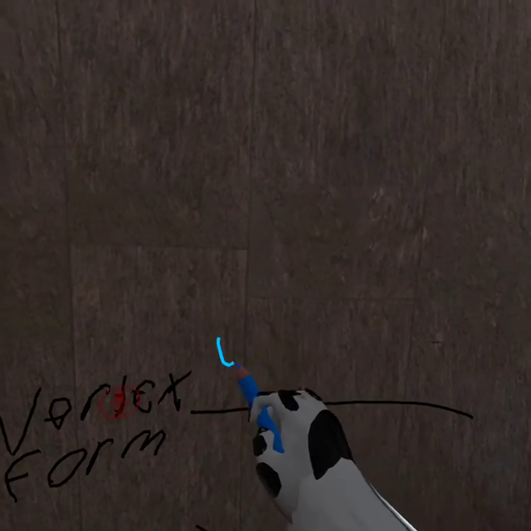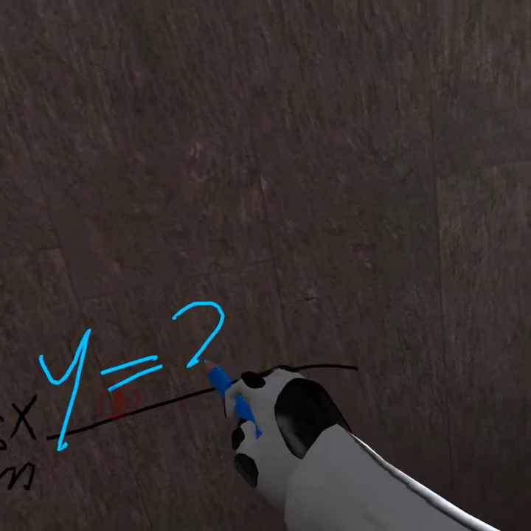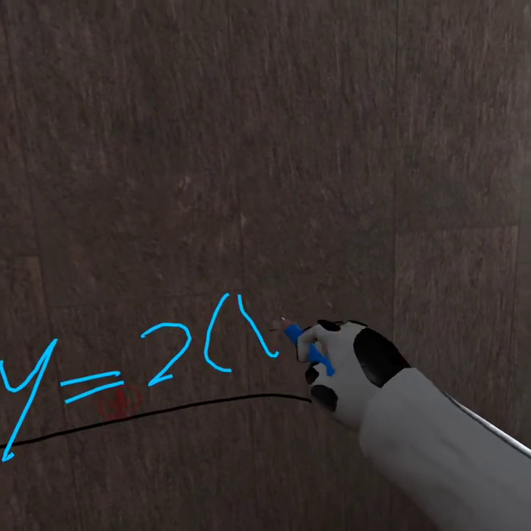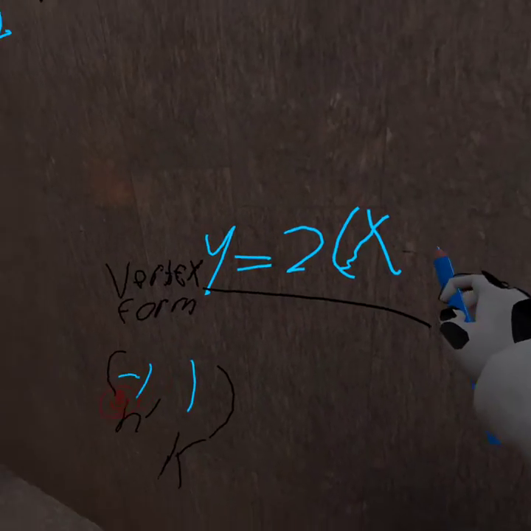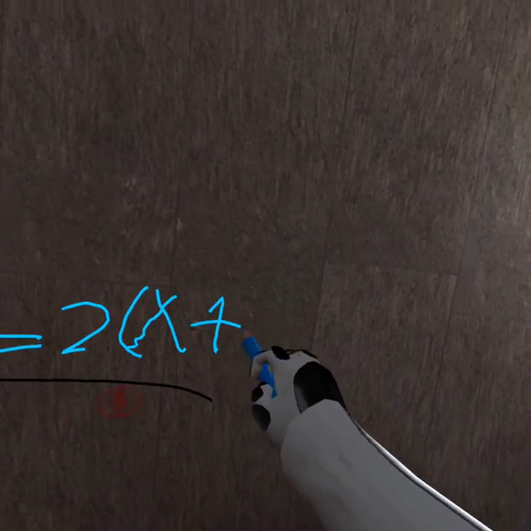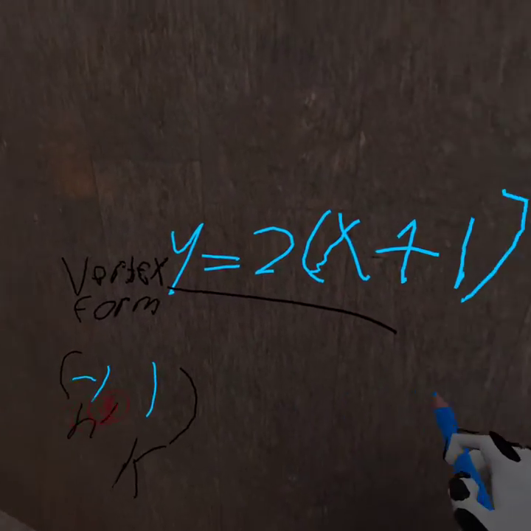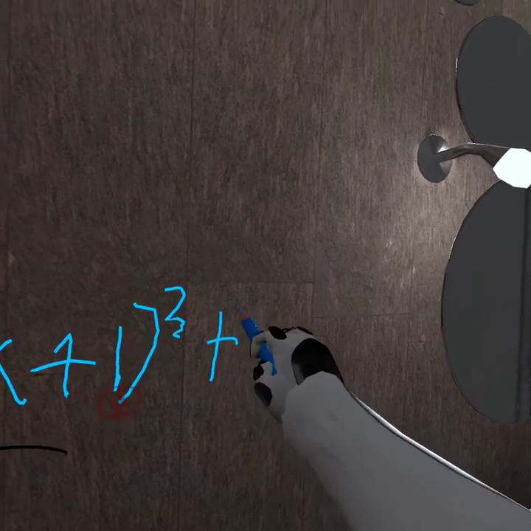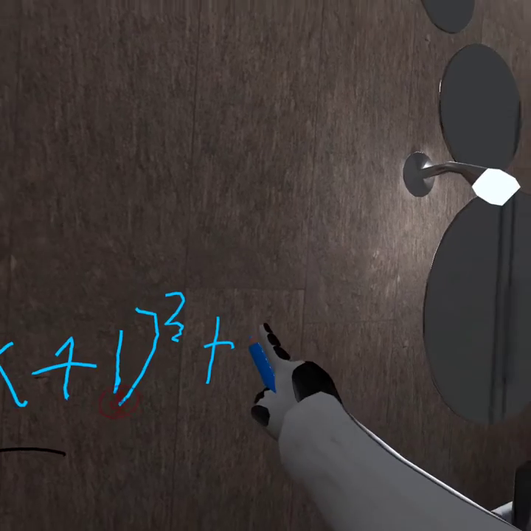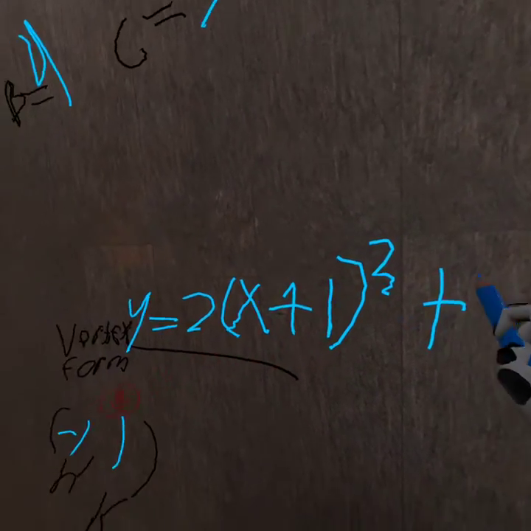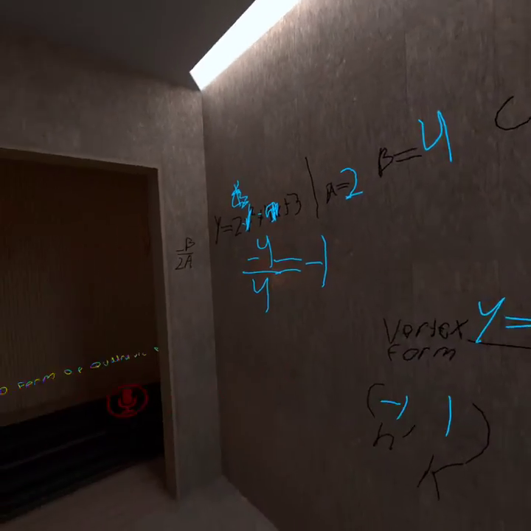So, y is equal to a, which is 2, times x minus h, which is plus 1 in this situation, squared plus k. That looks like a cube, sorry people. That's supposed to be a square. It's hard to write in a 3D space. Plus 1. And that's how you get from standard to vertex.